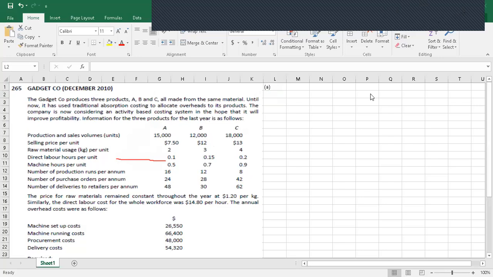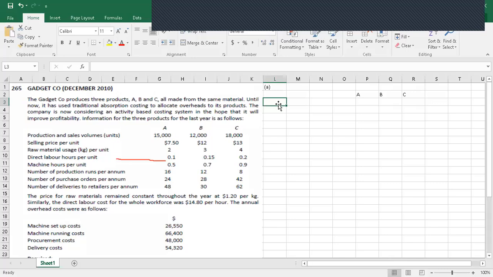So there are three products A, B, and C. To calculate the labor hours, because labor hours is the basis for us to apportion the overhead cost.